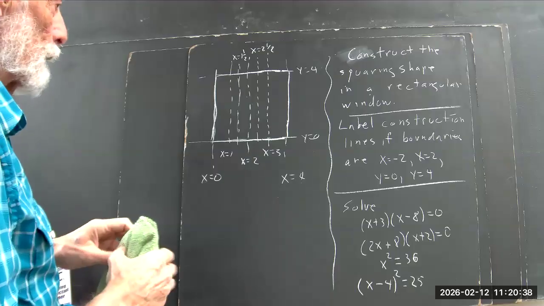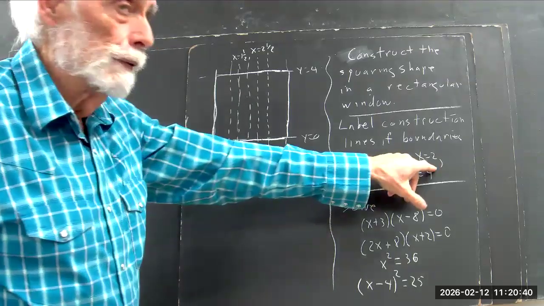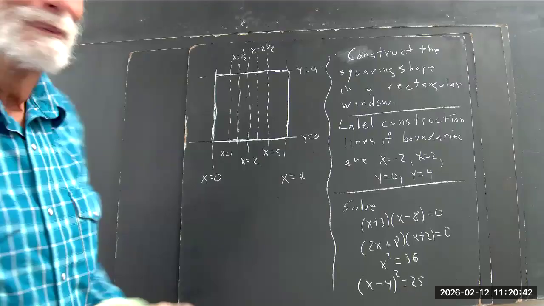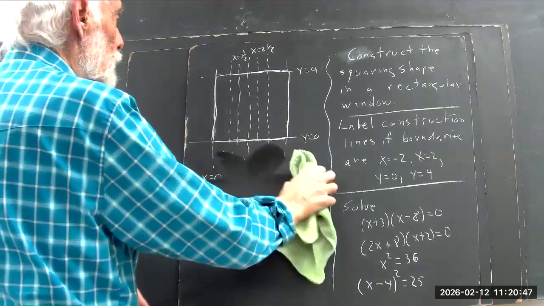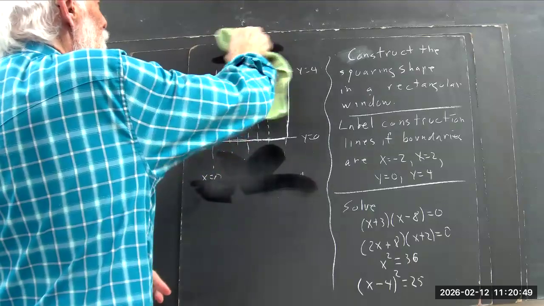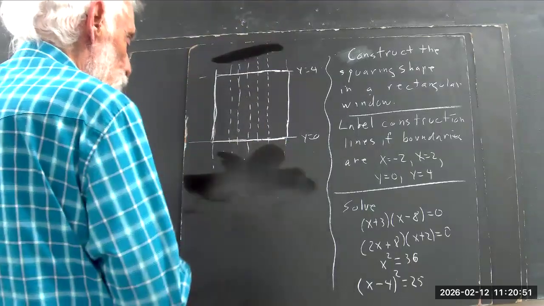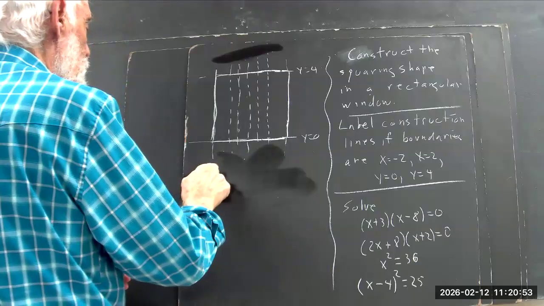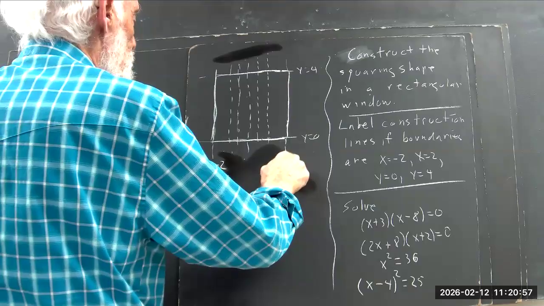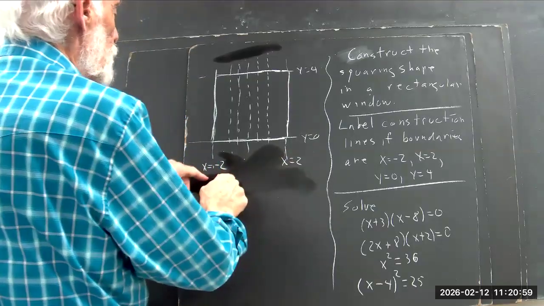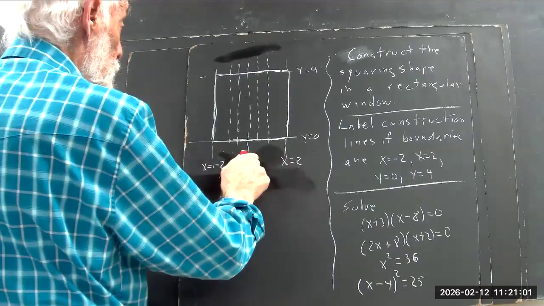Now, the thing that's bad about it is I said x equals -2 and x equals 2. So I've got to erase my x labelings. The picture's okay. So let me label the x's as I should have. X equals -2, x equals 2. Halfway between -2 and 2 is 0.